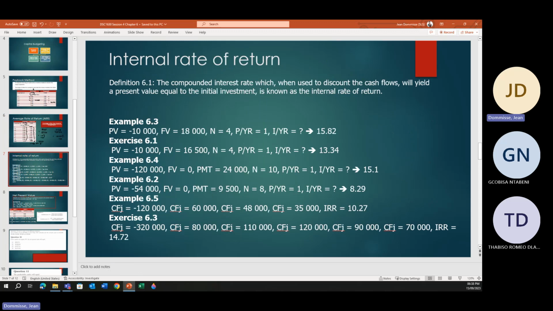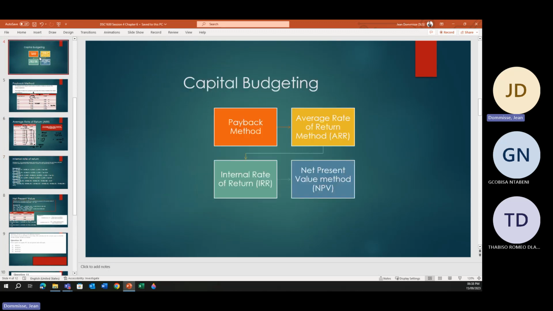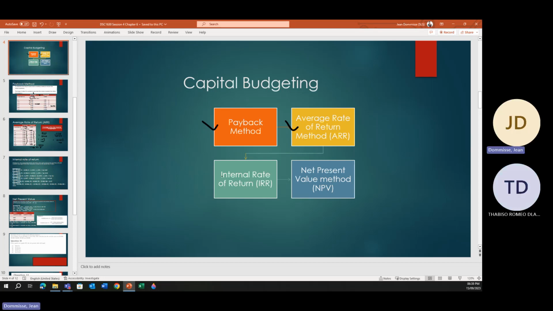The third one that we are looking at, so we've looked at the payback method, we looked at the average return, is the internal rate of return.